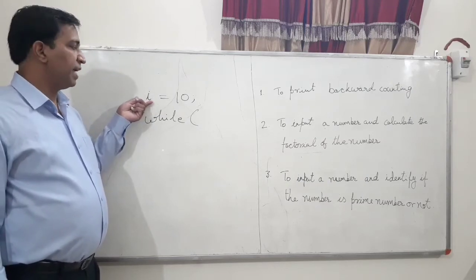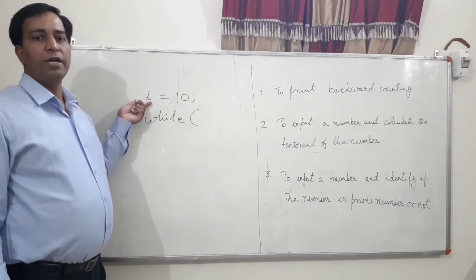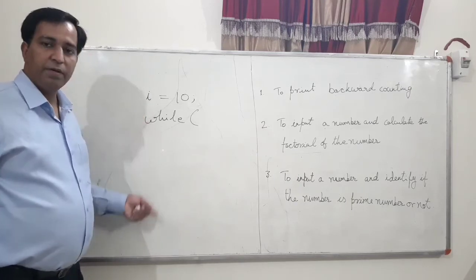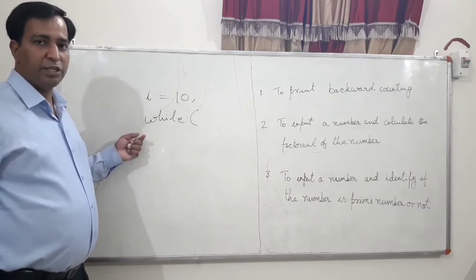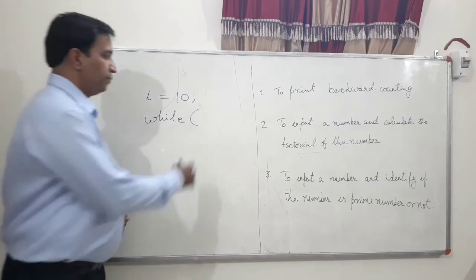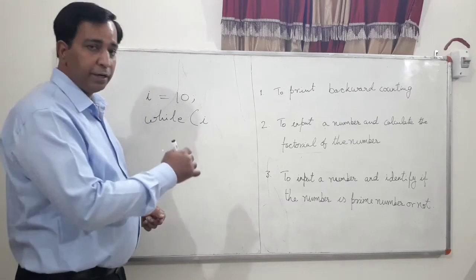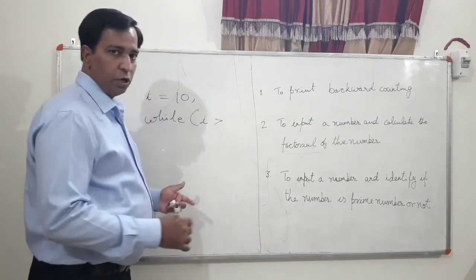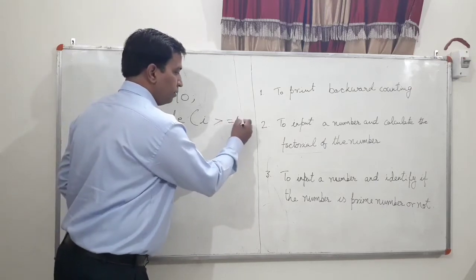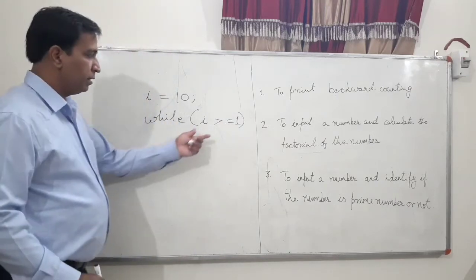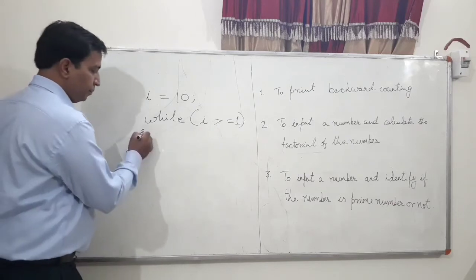That means as long as i's value is greater than or equal to 1, this loop should be executed. So the condition will be i greater than or equal to 1, right? This is the condition.